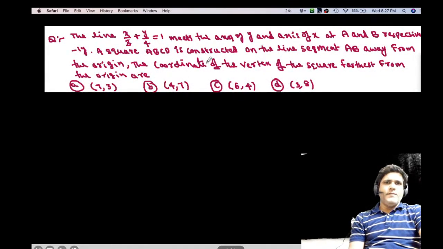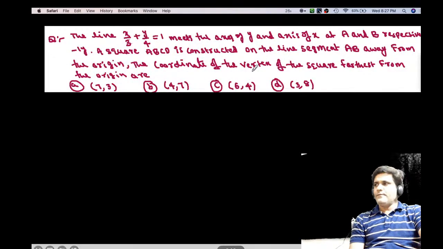A square ABCD is constructed on the line segment AB away from the origin. Then the coordinates of the vertex of the square farthest from the origin are.